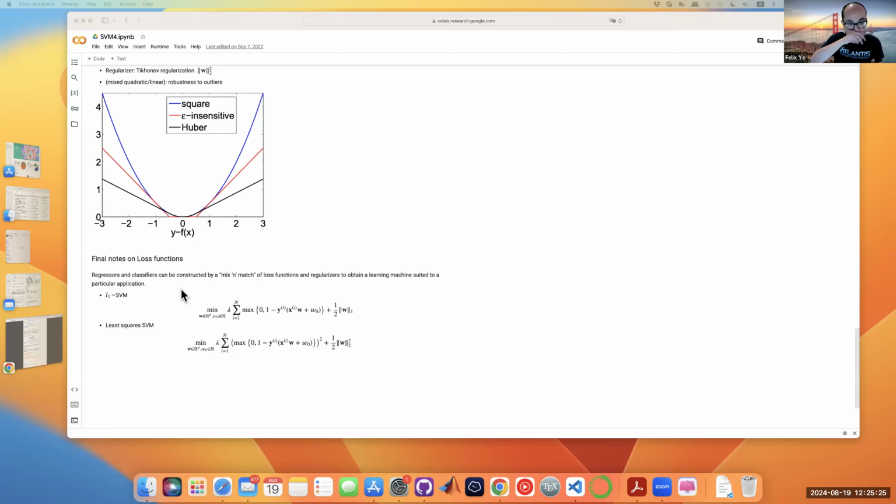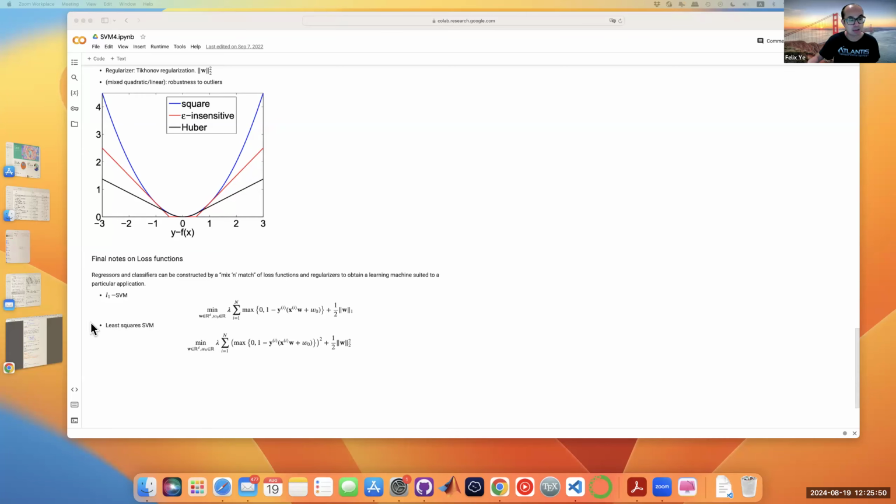For example, this L1 SVM right here has a hinge loss plus L1 regularization, so that we are trying to enforce sparsity of my weights in this situation.